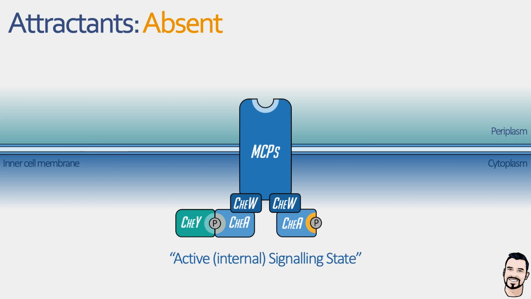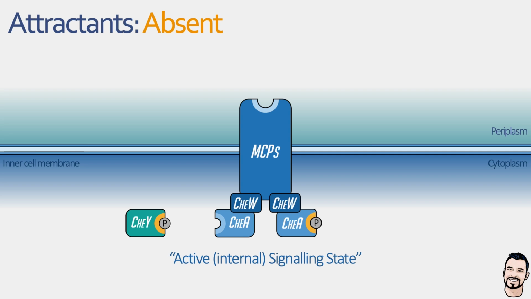Now the concentration of phosphorylated or activated CheY will be higher around chemosensory complexes in this active signaling state, creating a spatial concentration gradient, which essentially means you will get higher concentrations of phosphorylated CheY near the activated CheA chemosensory complexes. And this concentration will gradually decrease as it diffuses away from the source. More on this in a minute.